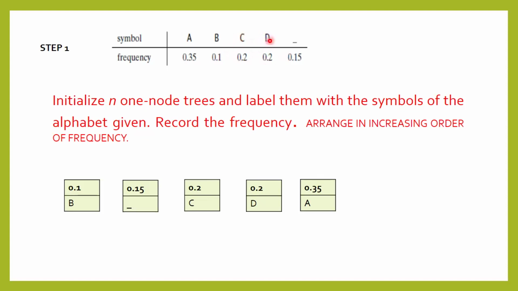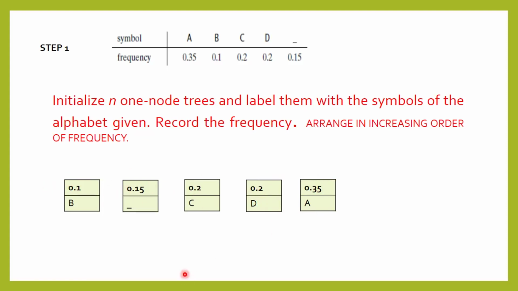So as I have told, even in case of Kruskal's, Dijkstra's and Prim's, let's go in alphabetical order. So we'll write a one-node tree for C, 0.2 first, and then a one-node tree for D, 0.2. After that A with the frequency 0.35. So this is in increasing order of their frequency.